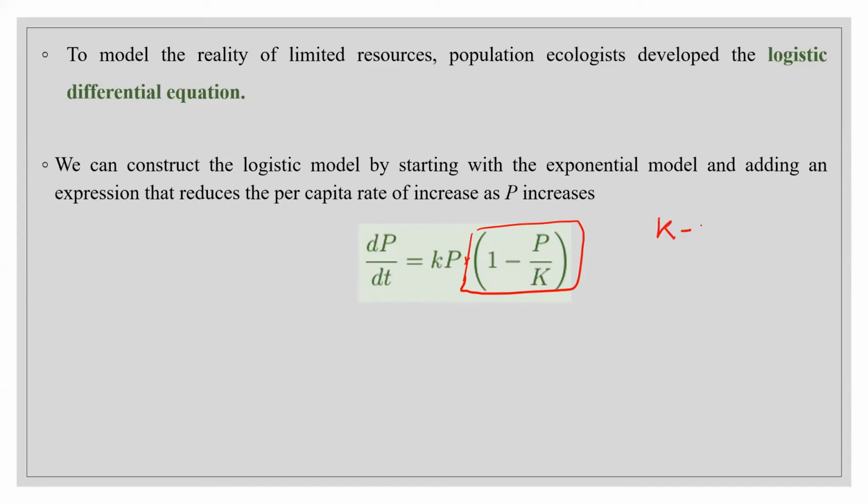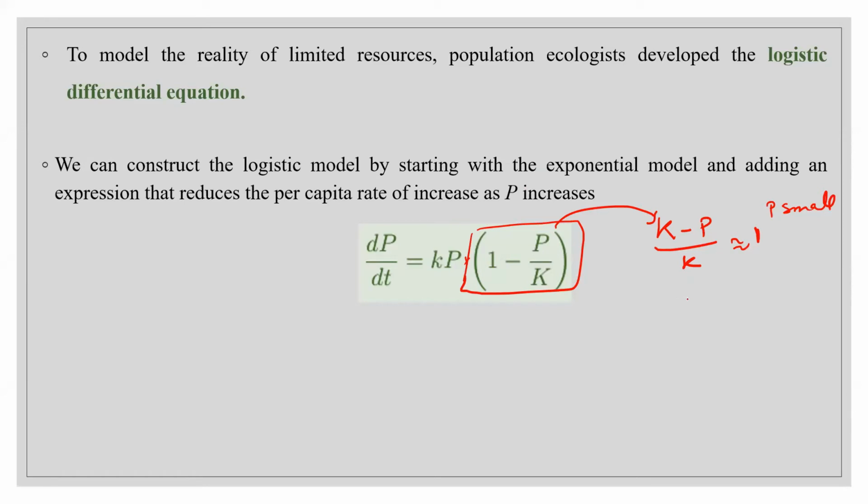Now you can see that this term is equal to, I can write it like this also. So when my p is very small, you can see that this term is approximately equal to 1. So my rate of change of population will be similar to the exponential growth rate, right?